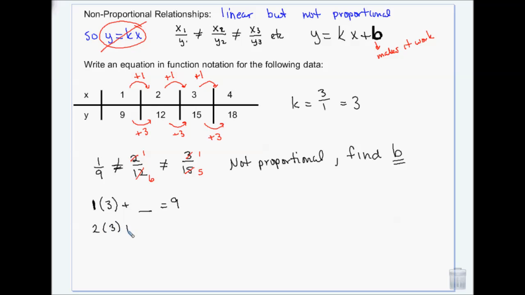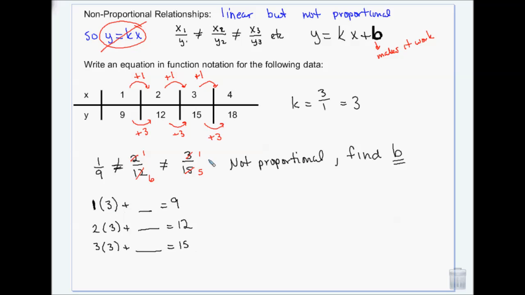I'm going to take my 2, and I'm going to multiply it by k, and I need 12. So I'm looking for something that if I take these numbers for x and I multiply them by the 3 for the k, what do I add to get 9, 12, 15, etc.?